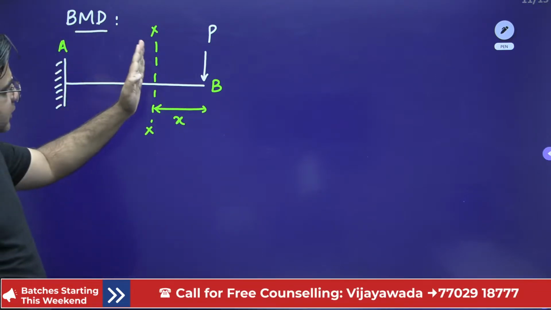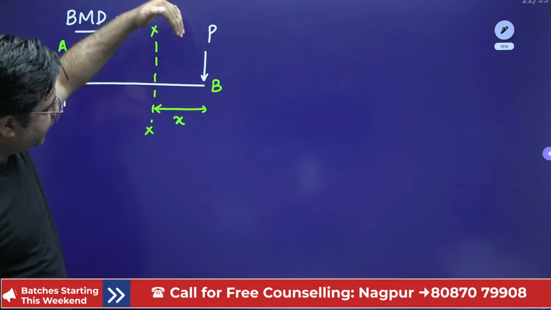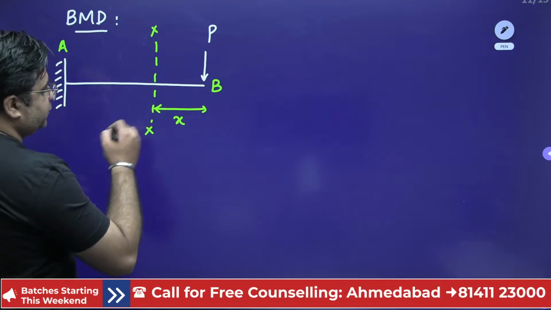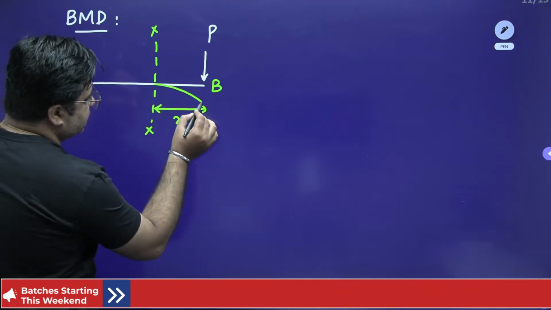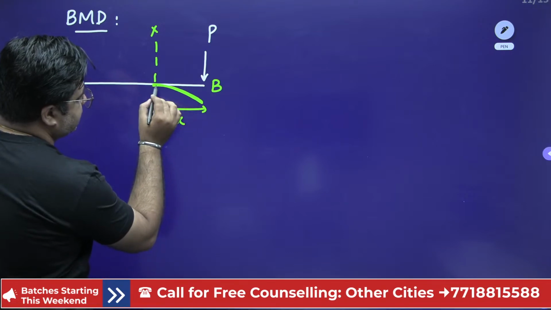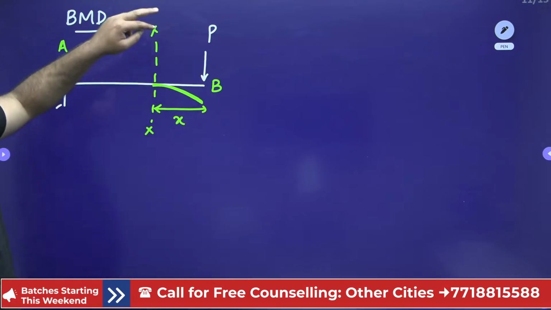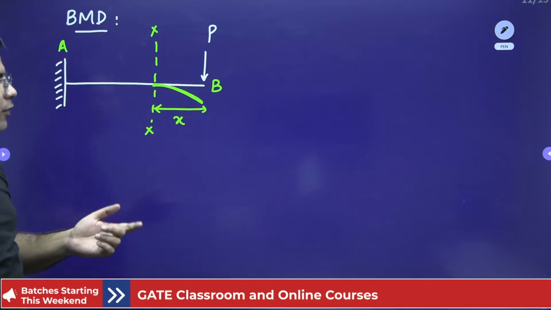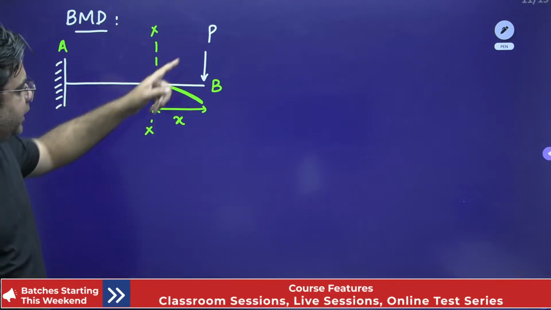If you stand at this section XX, this load P is trying to move the beam downwards, and this beam will hog like this. So this load P is giving the hogging moment, and the value of this hogging moment at this section is P into X.